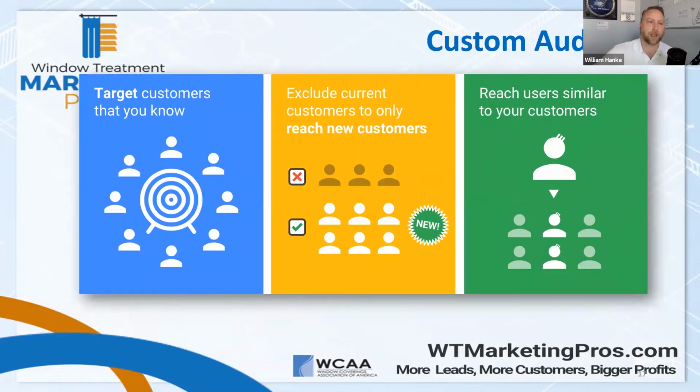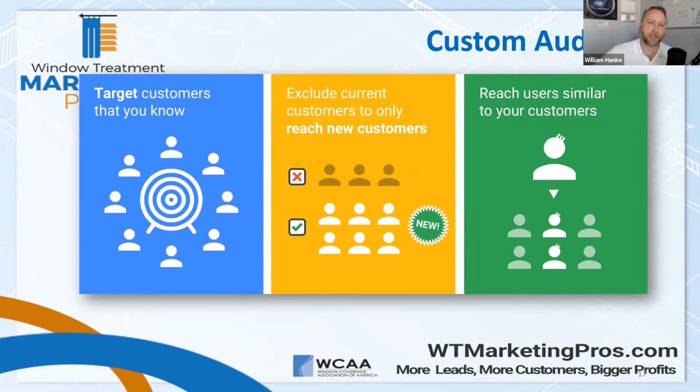Custom audiences. Custom audiences is big on Facebook, and it's also something that is big on Google Ads now as well. So a couple different really cool things that you can do. You can target customers that you know. So if you have a list of customers that you've done business with, and maybe it's been a couple years, or you've got a new special or a new product or a new service, or if you're doing cleaning, this is something that you can show every 6 months or every year or whatever it happens to be.